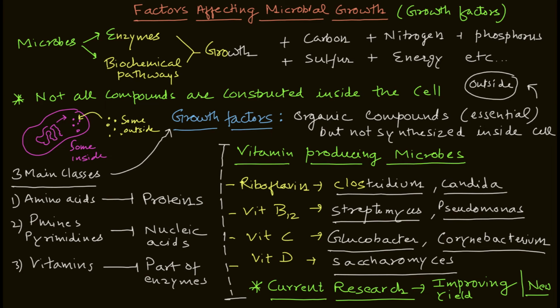So this is an important part of microbiology research, where you want to find another genus or new species that can produce a higher yield of these specific compounds, or you need to optimize the conditions so that already known bacterial genera can produce a higher amount of these vitamins.